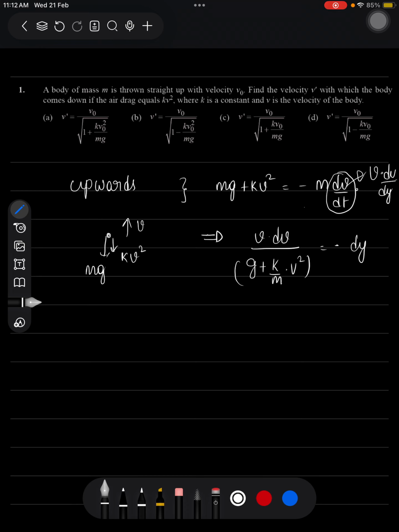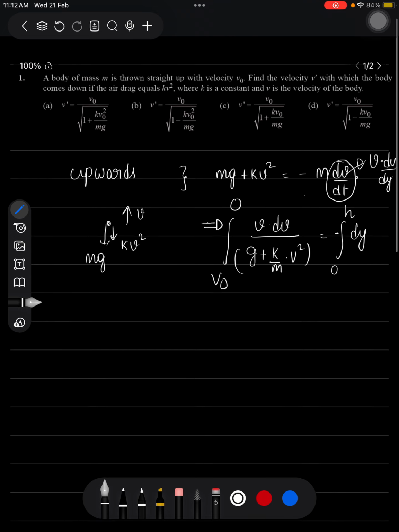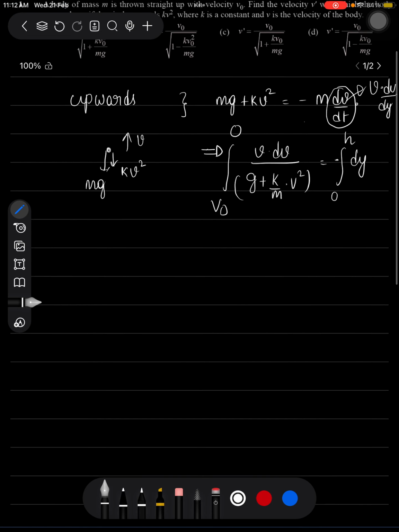Then we integrate for the complete upward motion, where h is the maximum height up to which the particle is going to move. Initially it started with velocity v0 and ultimately its velocity is going to be 0 at its zenith, or topmost point.